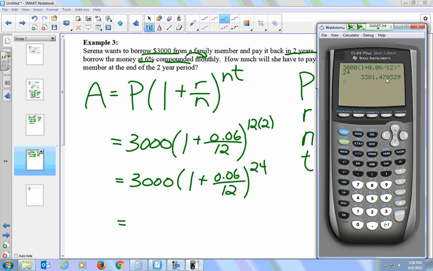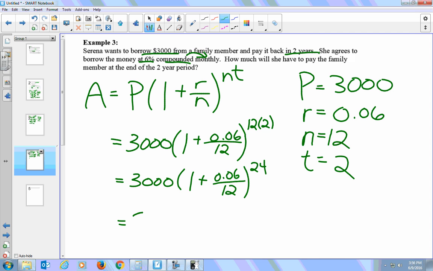So 3,381, and we're dealing with dollars, 48 cents. Okay, so she'll pay $3,381.48 at the end of the 2-year period. So she has to pay back that original 3,000 plus the interest.